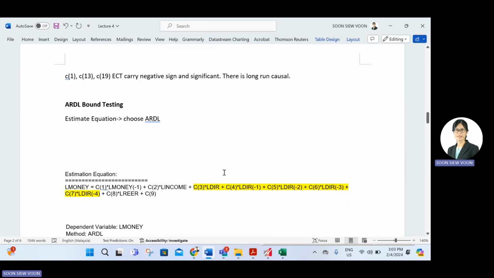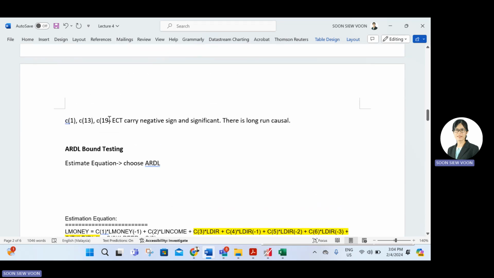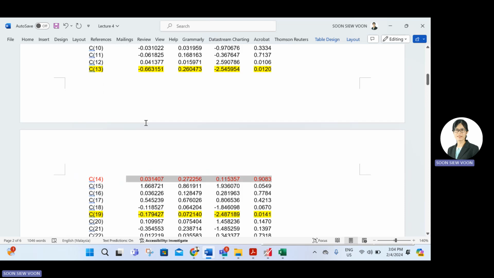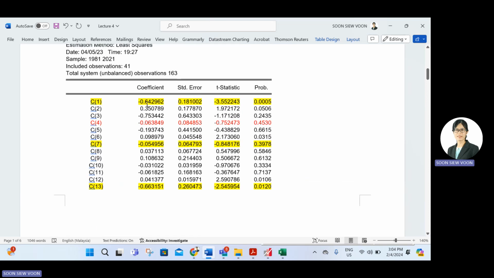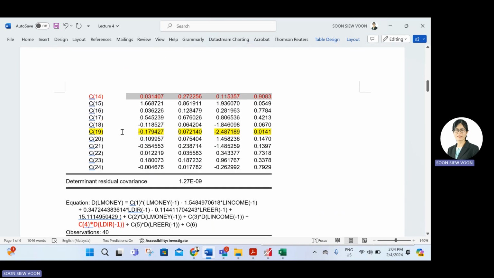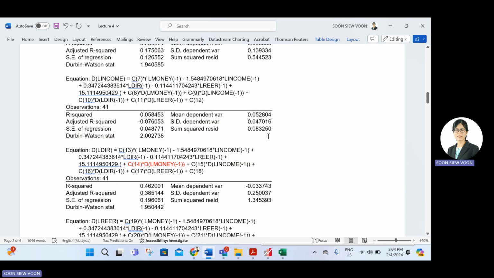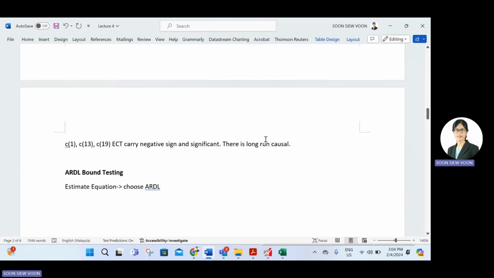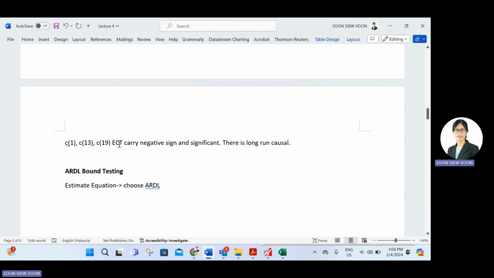So which ECT carries the negative sign and is significant? The answer here shows C1, C13, and C19. C1 is negative significant, C13 negative significant, and C19 also negative significant. So these three ECT are significant, and what we can conclude is these three ECT carry a negative sign and are significant.